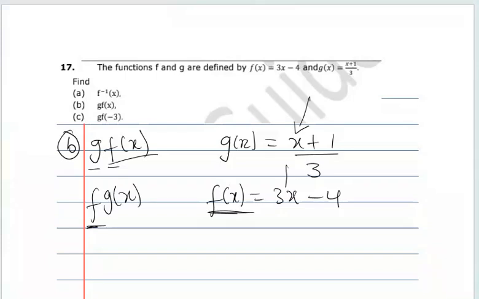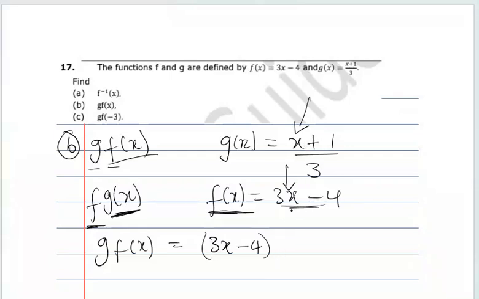Then where there is x, we substitute the equation for g of x. This is what it means. So g of f of x means write g of x, where there is x here, we put the equation for f of x. So where there is x, we write 3x minus 4. This is the equation for f of x.